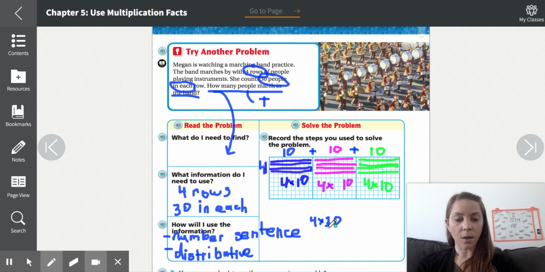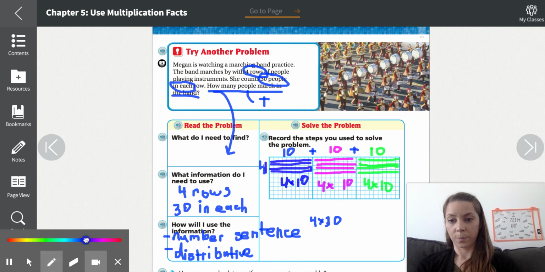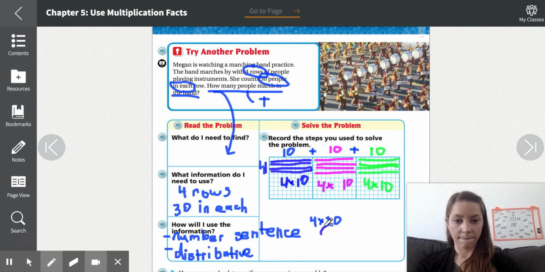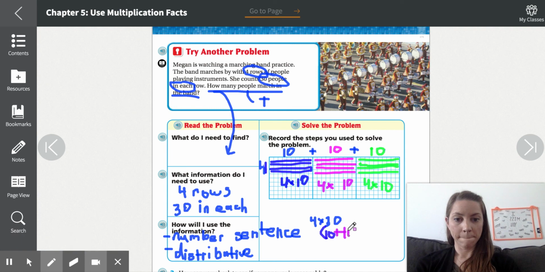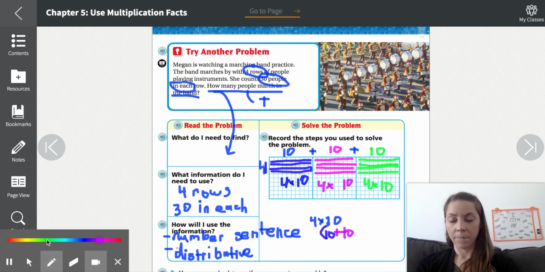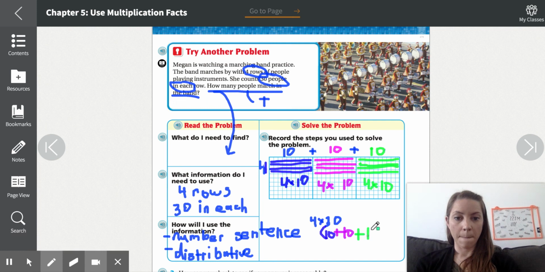Because again, a 30 is like a 10 plus a 10 plus a 10. But all of them need to multiply with that original 4.